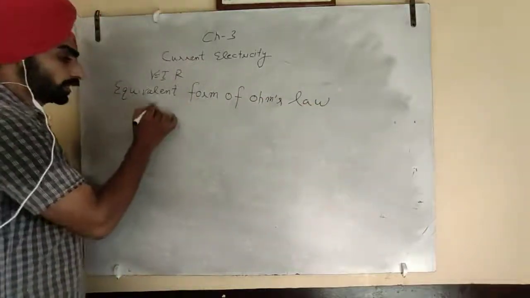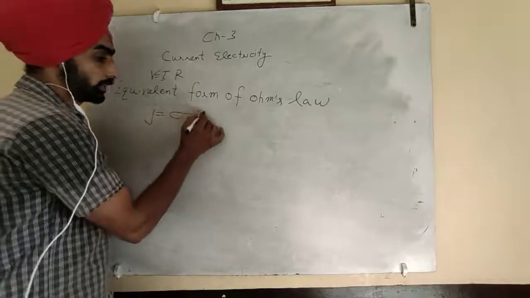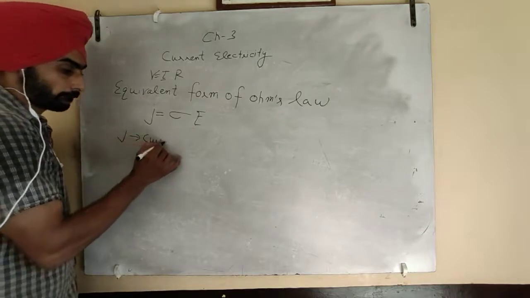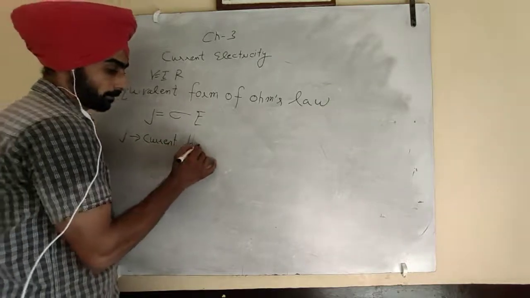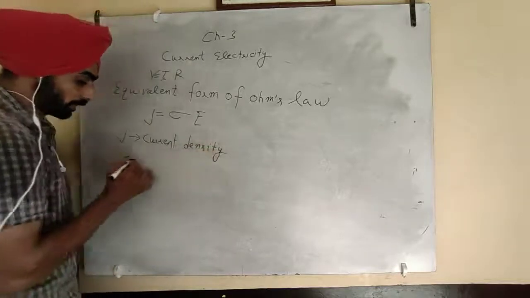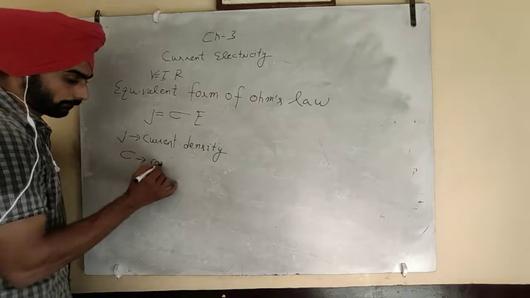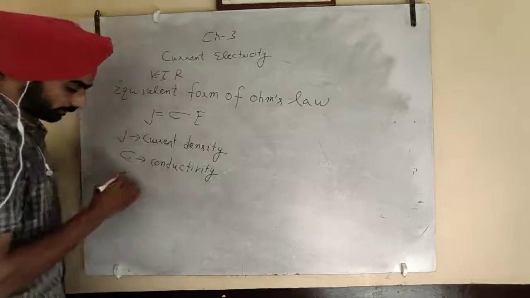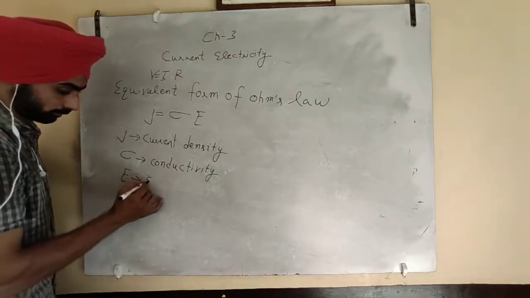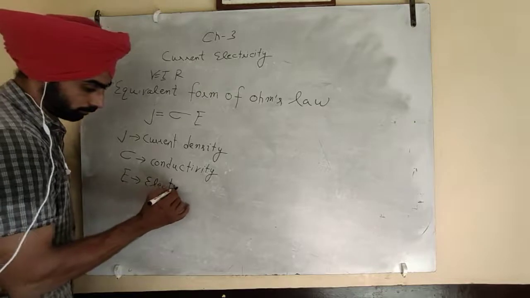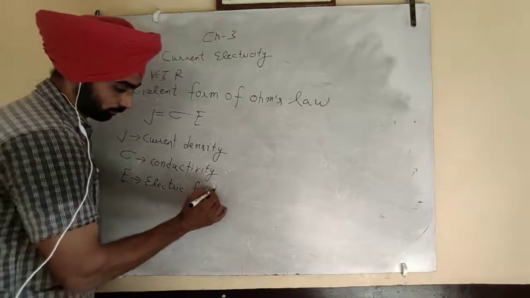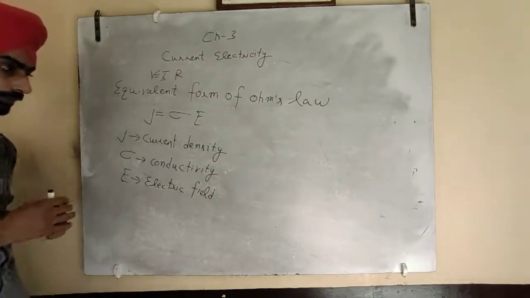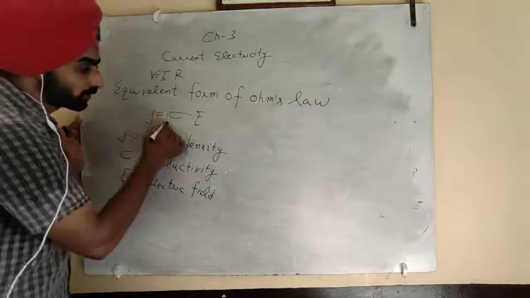That is J = sigma E, where J is current density and sigma is conductivity and E is electric field. So this is the equivalent form of Ohm's law. So our target is to find the value of this conductivity today.